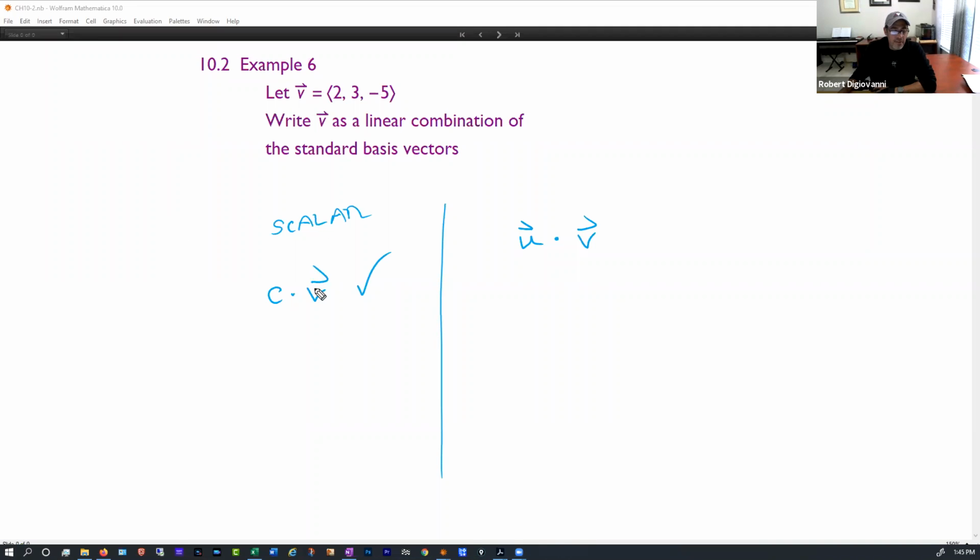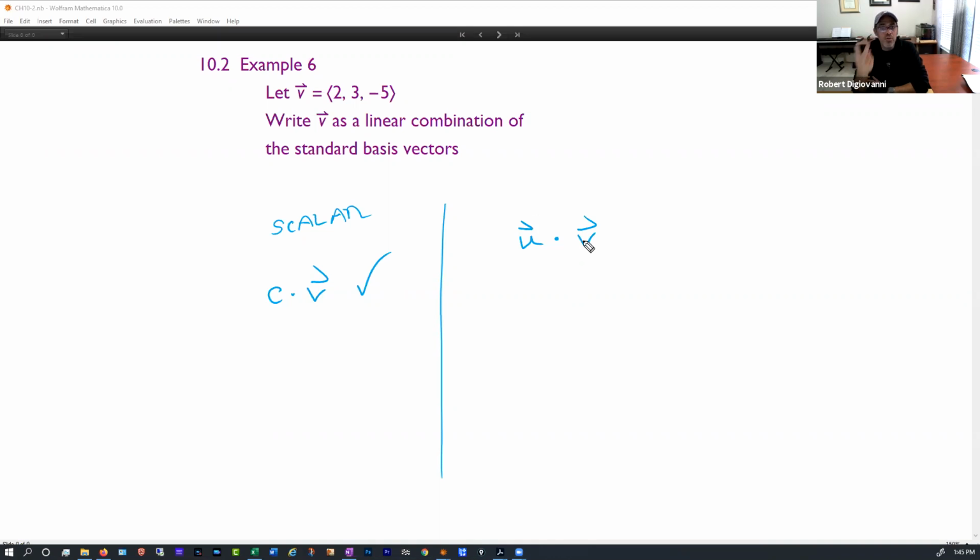Here, when I take a vector times a number, what did we get? A vector, right? Here, I'm going to take two vectors and multiply them. What do you think we're going to get? A number. We're actually going to get a number sometimes. Sometimes we get a vector.